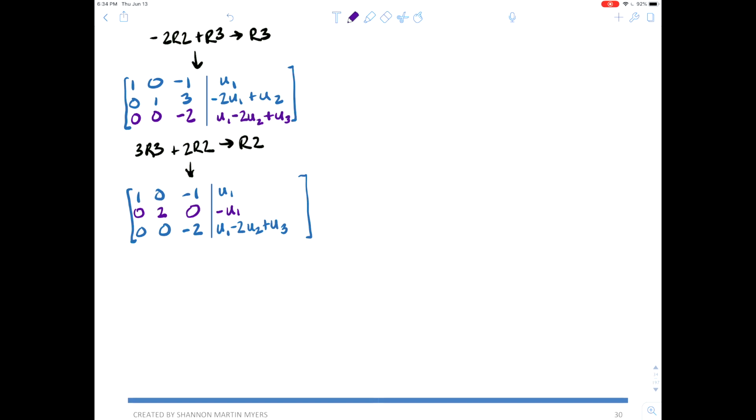And then negative 6U2 plus 2U2 is minus 4U2. And then we'll have plus 3U3.